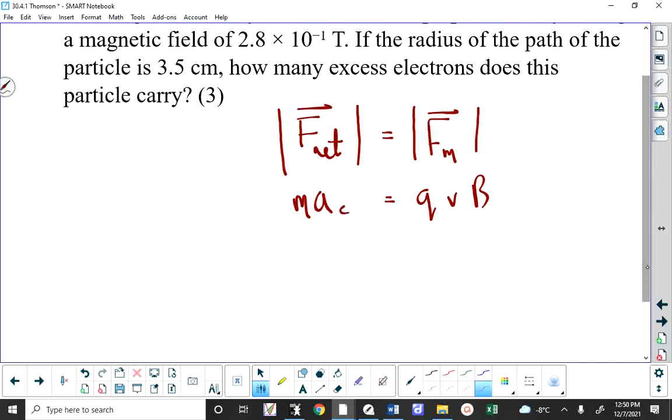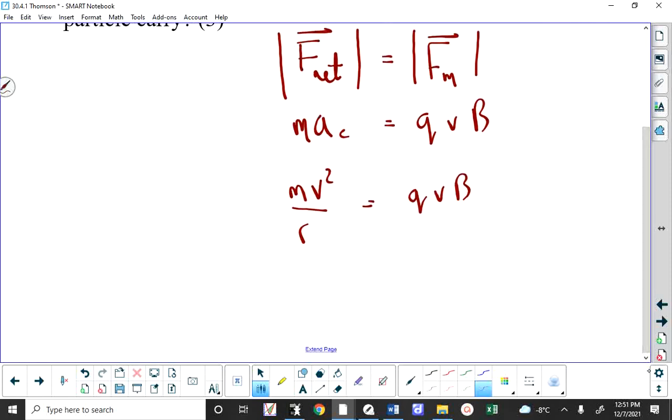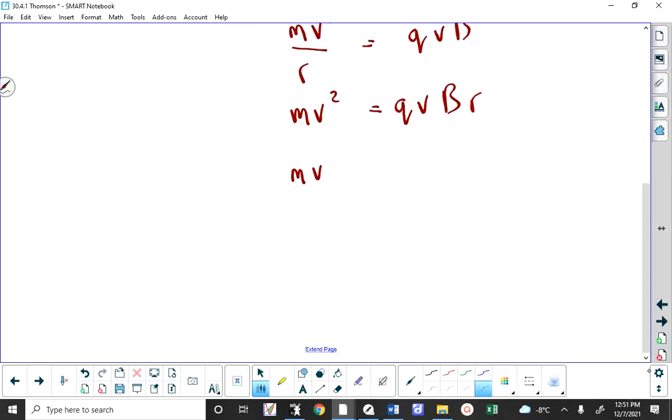The acceleration is centripetal, and now you can go to your formula sheet and see that acceleration that's centripetal is v squared over r. So we get mv squared over r equals QVB. If we cross multiply here, you get mv squared equals q times v times b times r. And we have a v on both sides that can cancel. So this is why I said you get mv equals qbr.